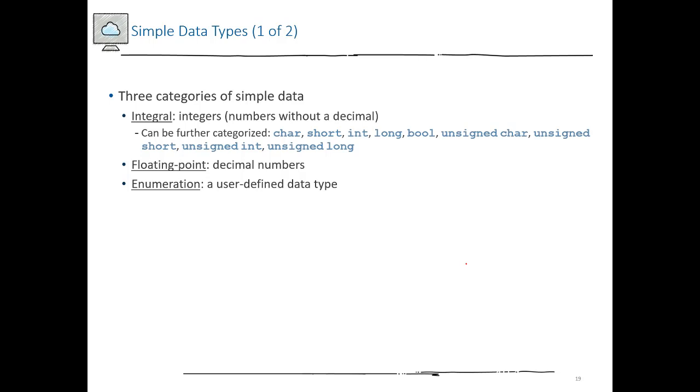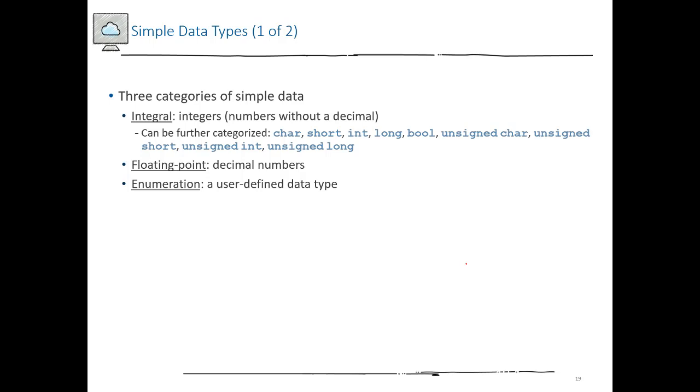There are several categories of data types, but I'm going to be discussing the simple ones on this slide. They're integral or integers, floating points, and enumerations. Integers can further be characterized as character, short, int, long, bool, unsigned character, unsigned short, unsigned integer, and unsigned long.